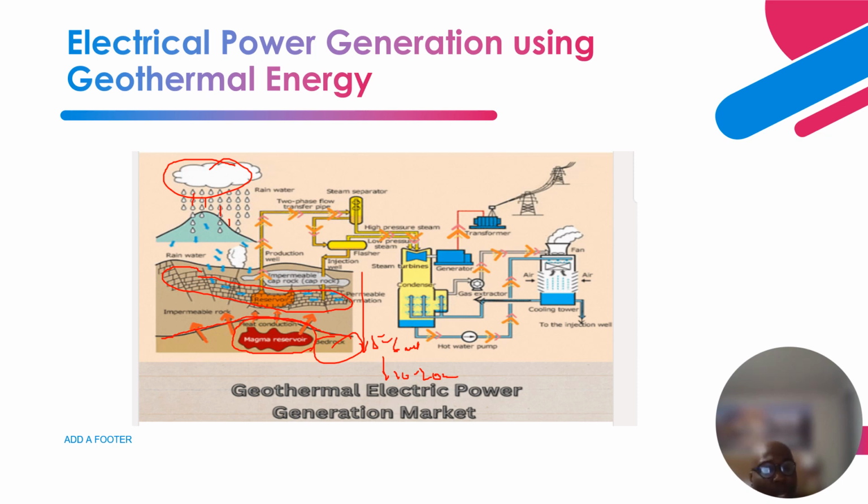So this hot magma heats this water to form steam, right? That's probably about 60 to 70% steam and about 30 to 40% water in it. So it has some saturation of the water. It's not dry steam, right?